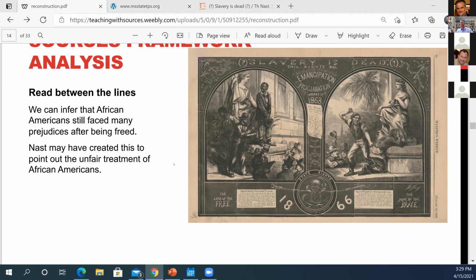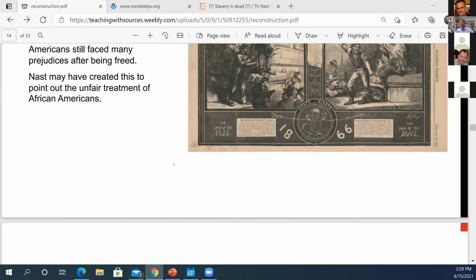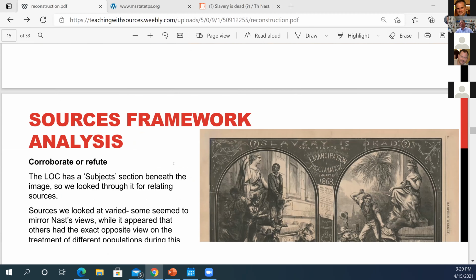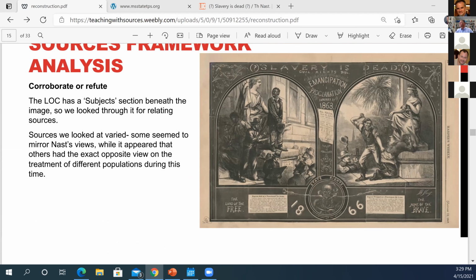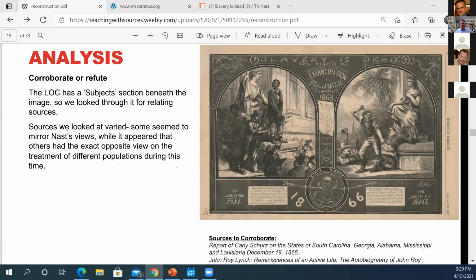And then they said NASA must have created this to point out the unfair treatment of African Americans, and of course they get to that, which is actually his goal. And then, of course, corroborate or refute. It's hard to refute the harshness of Reconstruction and the way that America failed in Reconstruction in many ways. There were some successes, but ultimately it was a failure.